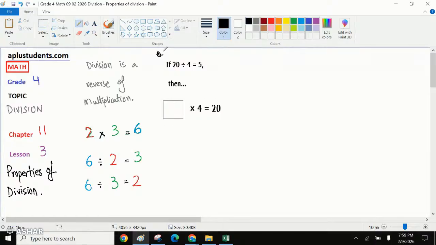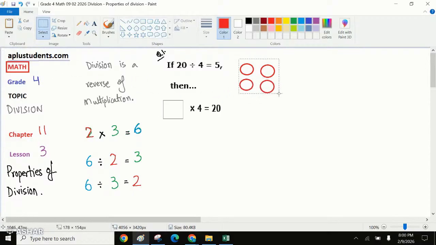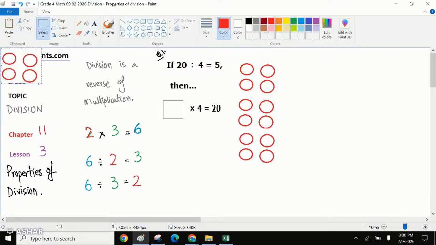We know that if we divide 20 by 4, that means we make 4 parts. Let's do some working over here. If we have 20 circles, just giving an example, let's copy and paste them.